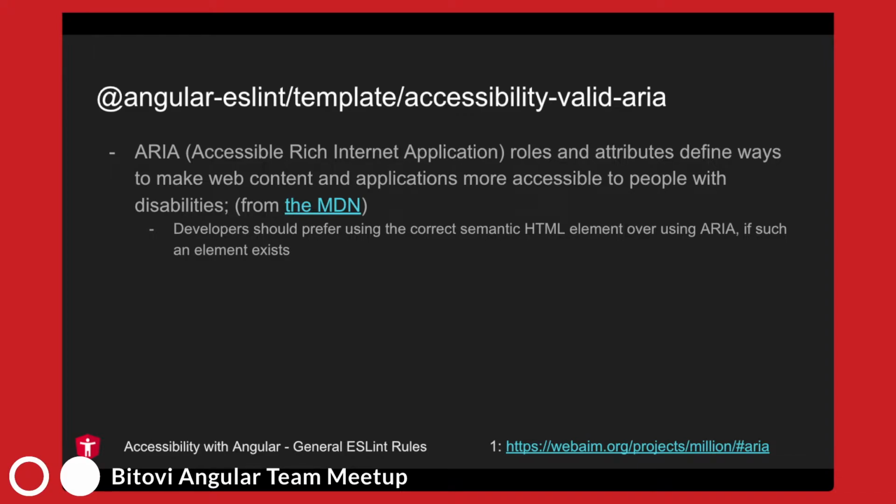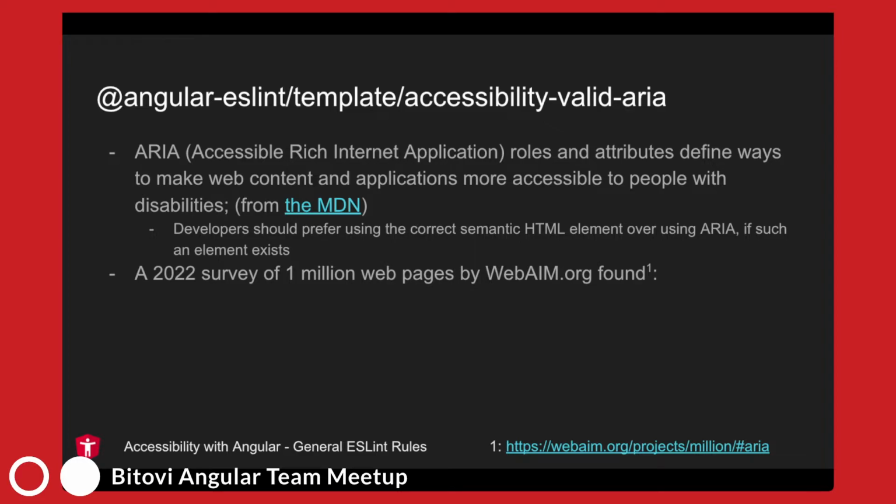However, there are cases, like trees, where there are not native HTML elements to support that, in which case adding ARIA roles and attributes give assistive devices the ability to relate that functionality to users that they wouldn't be able to get visually.